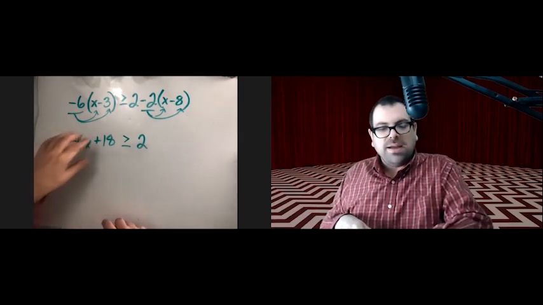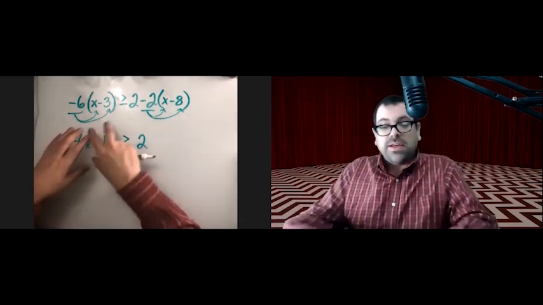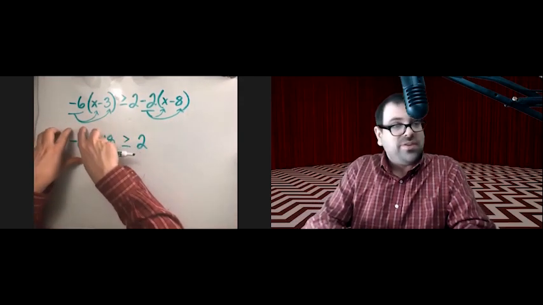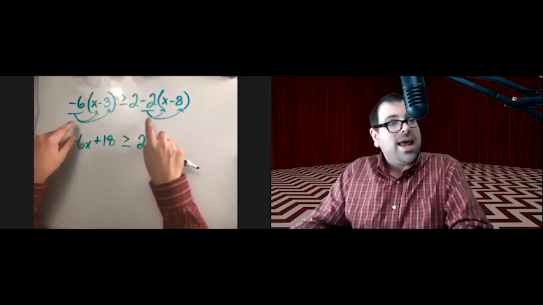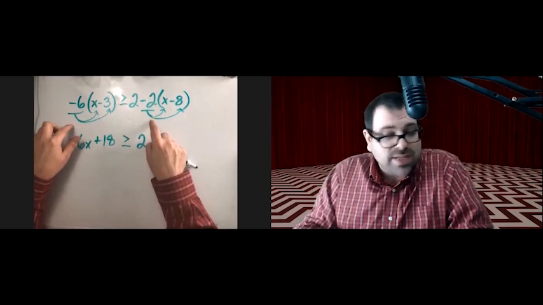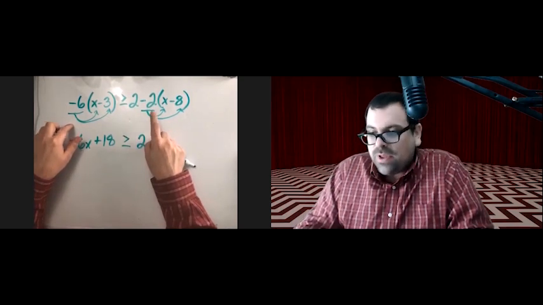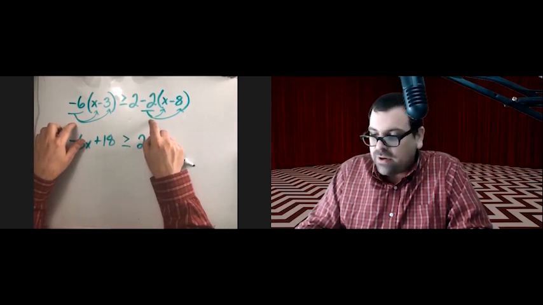If we're multiplying by a negative in the problem, we will divide to get rid of it. But here, we're not getting rid of the negative 6. We're getting rid of the parentheses. And we're not actually multiplying the same thing on both sides. So this isn't what we mean by multiplying both sides by a negative number.